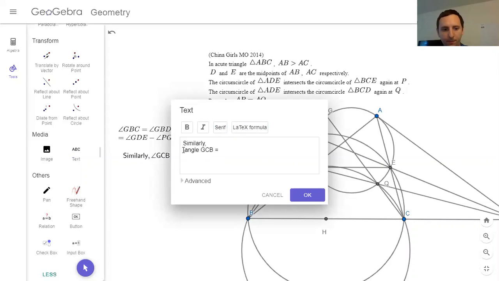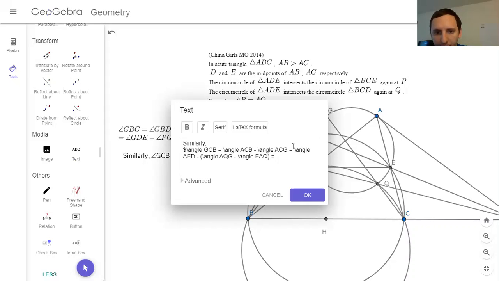Angle GCD is ACB minus ACG, which is angle AEB minus ACG, that is AQG minus EAQ.